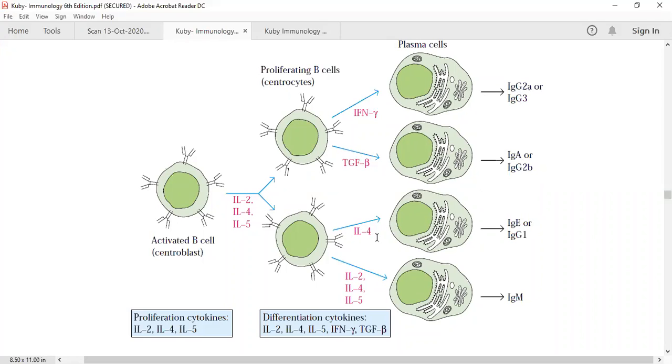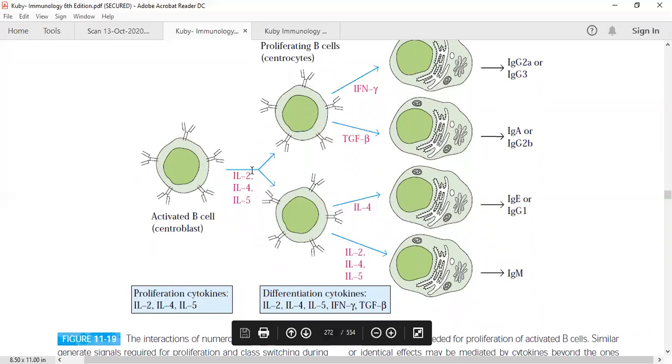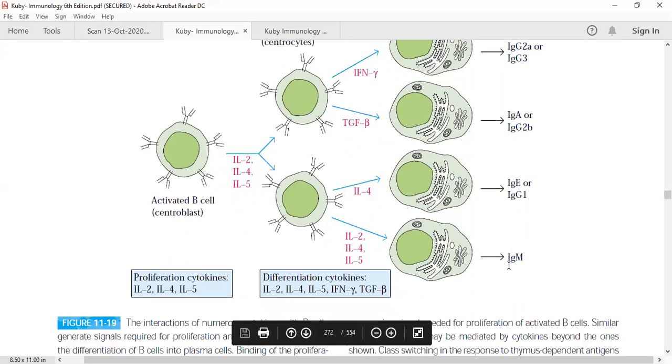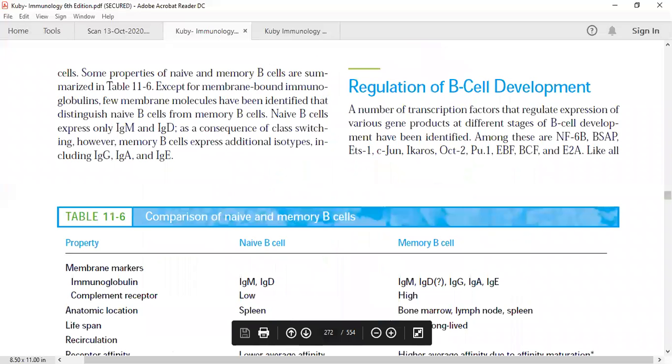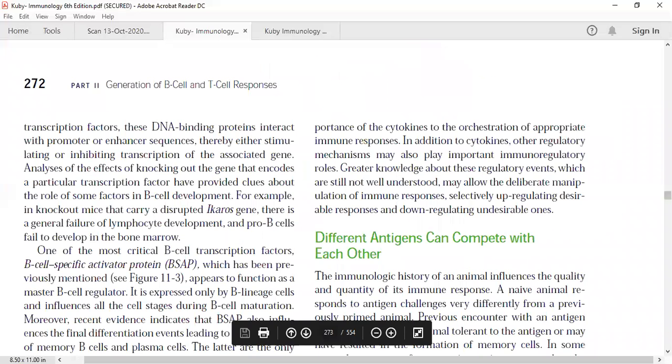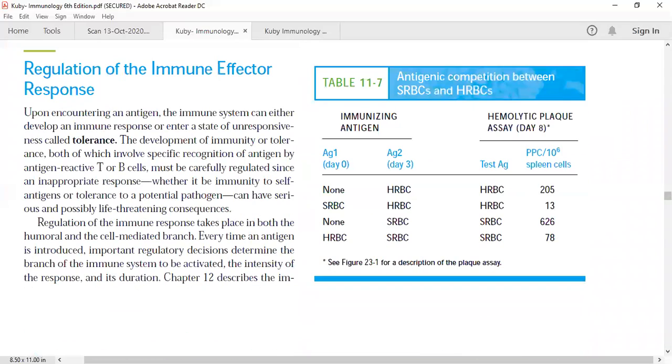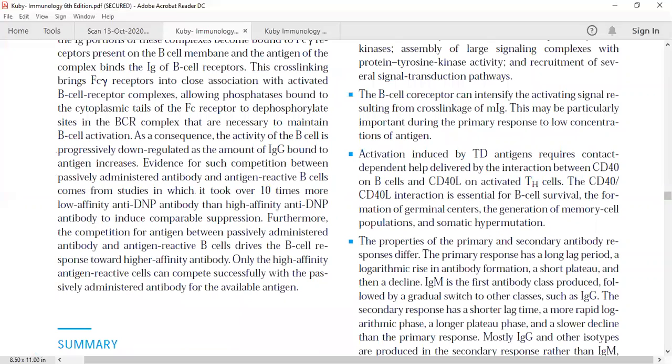Similarly, if interleukin 4 is there, IgE or IgG1 will form. If there is a combination of the same cytokines which are helping the B cell to proliferate, it will lead to the production of IgM in more number, so that antibody M is produced mainly out of plasma cells. So these signaling molecules are very, very important.